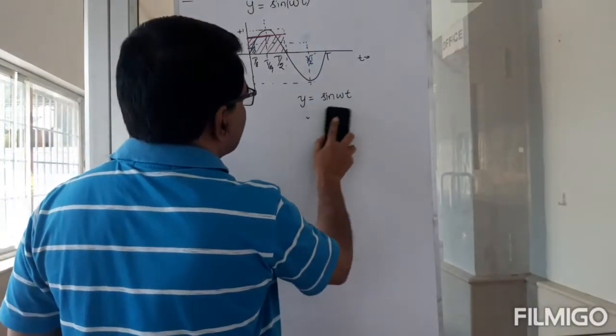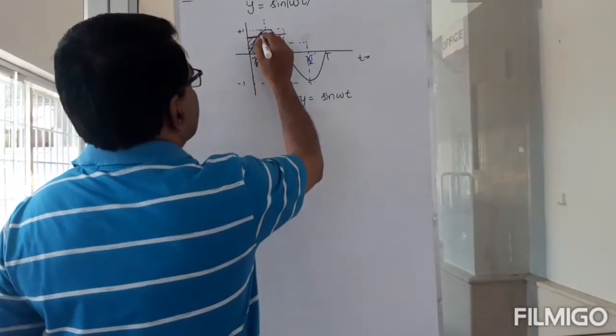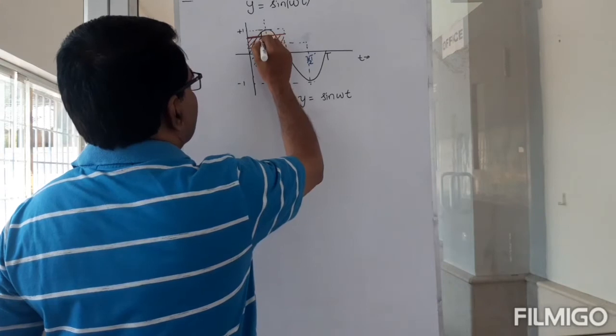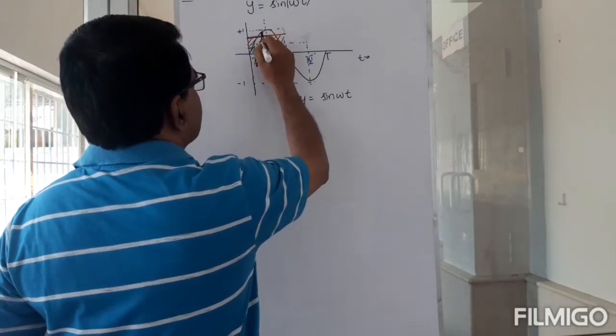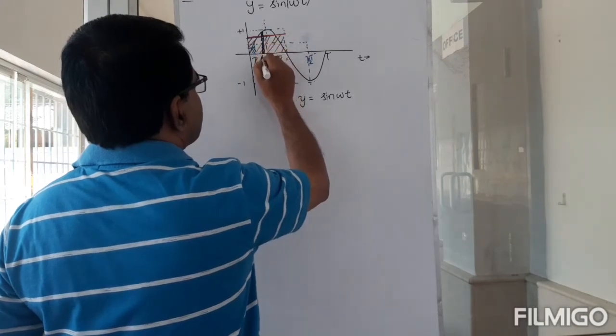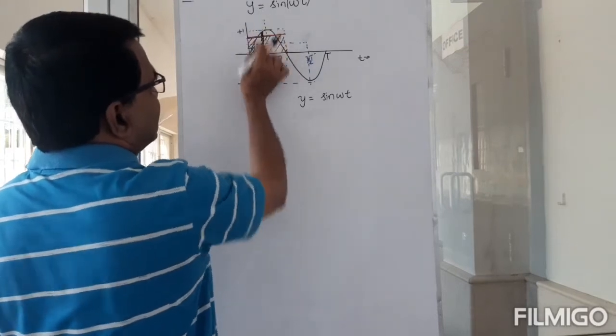I don't need dy here, I need the area. If we take this, we want to find this small area for a very small dt. This is dt. It's a very small time interval. We want to find the area.